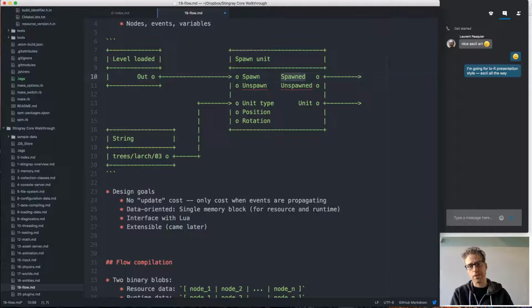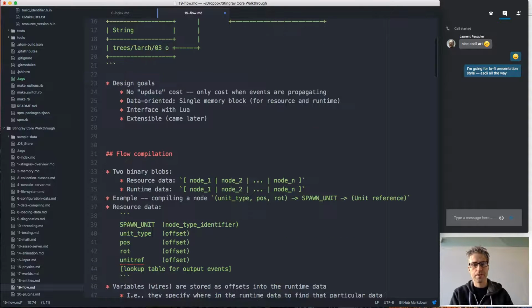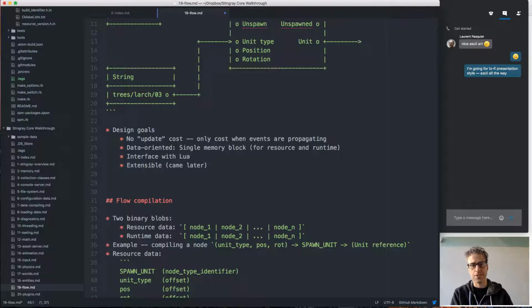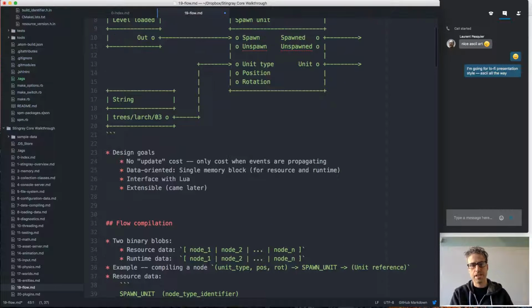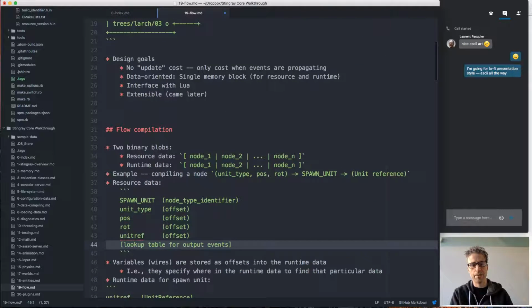You can have multiple nodes connected to the same output event, so this spawn event could have multiple things that it should trigger. In this case, it's just connected to one thing, but it could be connected to multiple things. So here we have a list of the nodes that are connected to each of the output events, so that after we've executed spawn unit here, we can look up what node we should call after we've finished spawning the unit.